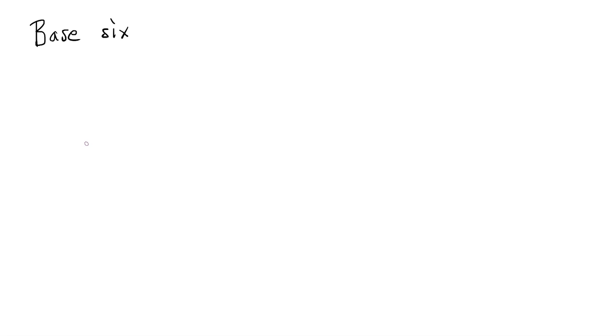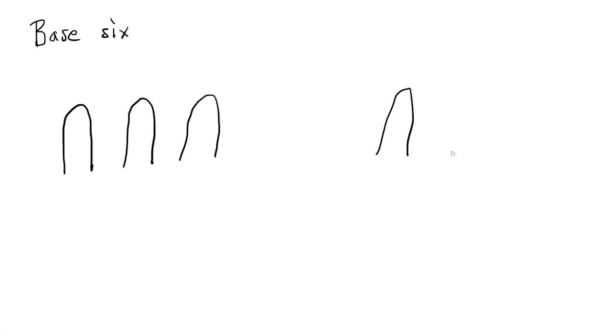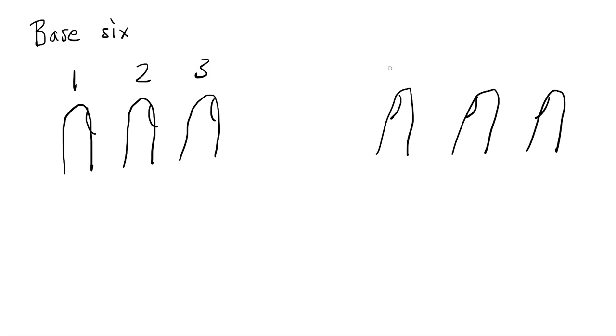So how do you calculate in base 6? In principle it's nothing different, but in base 6 you can think that you only have 3 fingers on each hand. So you could start again to calculate on your fingers. You would count 1, 2, 3, 4, 5, but you wouldn't say 6, you would say 10 here.